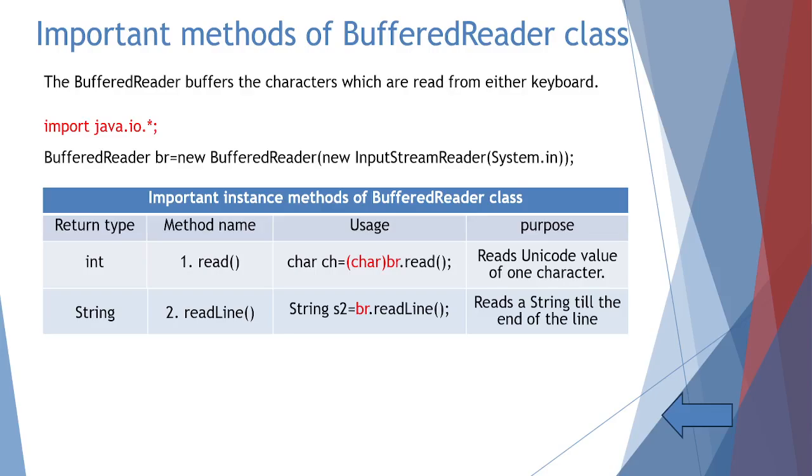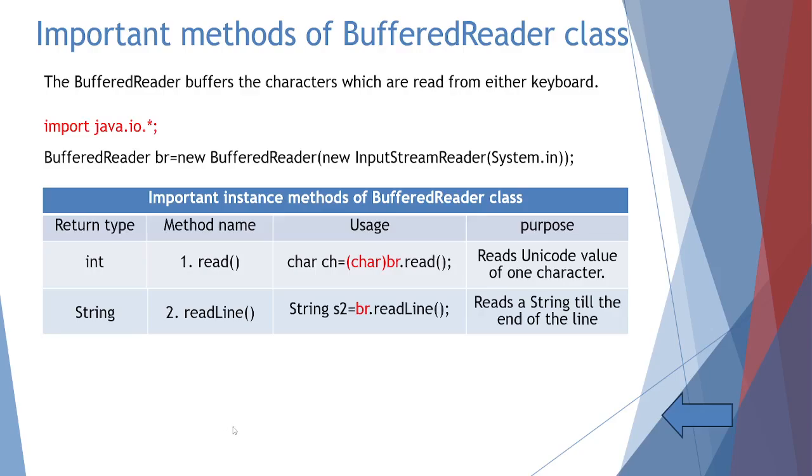Till the enter sign, it keeps on reading all the characters with the help of InputStreamReader. So InputStreamReader takes one character, gives it to BufferedReader, then the second character gives to BufferedReader. That BufferedReader is buffering till the end of the line. So String S2 is equal to br.readLine. These are the two important methods.